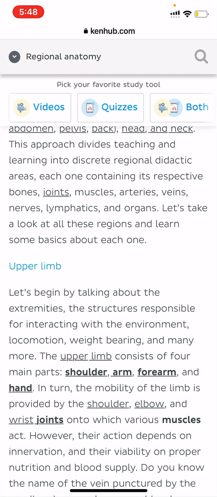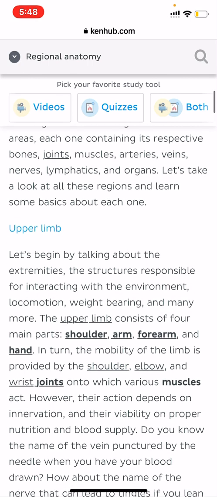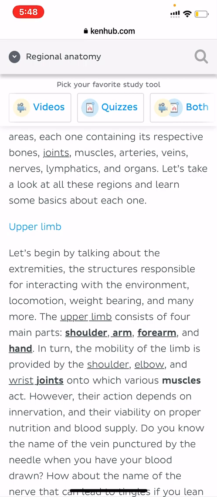Upper limbs. Let's begin by talking about the extremities and structures responsible for interacting with the environment, locomotion, weight bearing, and many more.